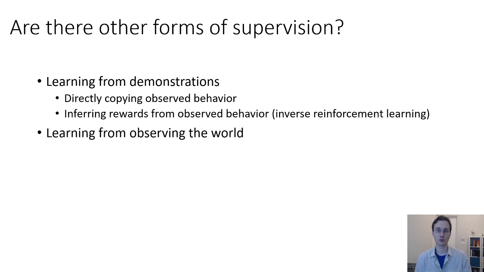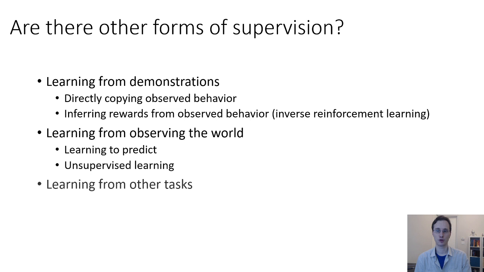You could also learn from observing what happens in the world. So you could, for instance, learn to predict future events. If you learn something about the causal structure, about the physics of the real world, then you can use that learned knowledge to figure out which actions will lead to desired outcomes. Unsupervised learning methods take care of part of this problem.